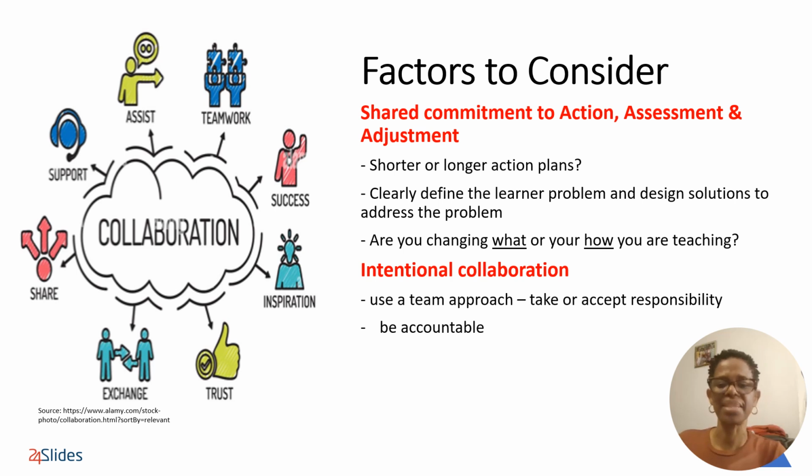Somebody's success is dependent on me. Somebody's professional growth is dependent on me. And so I will do everything possible to ensure that both myself and that other person or my students are successful. So intentional collaboration, working together.